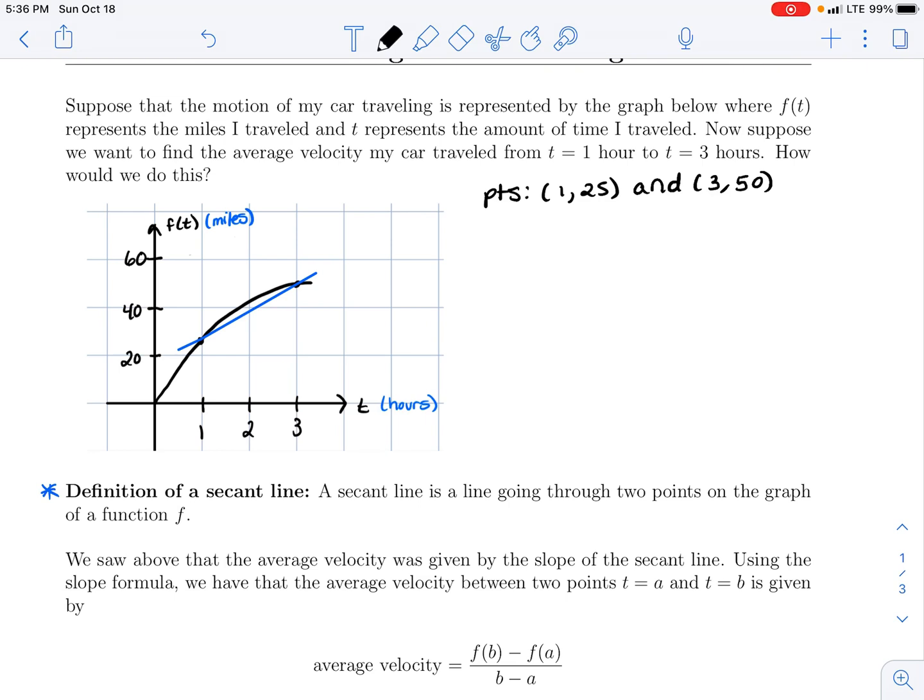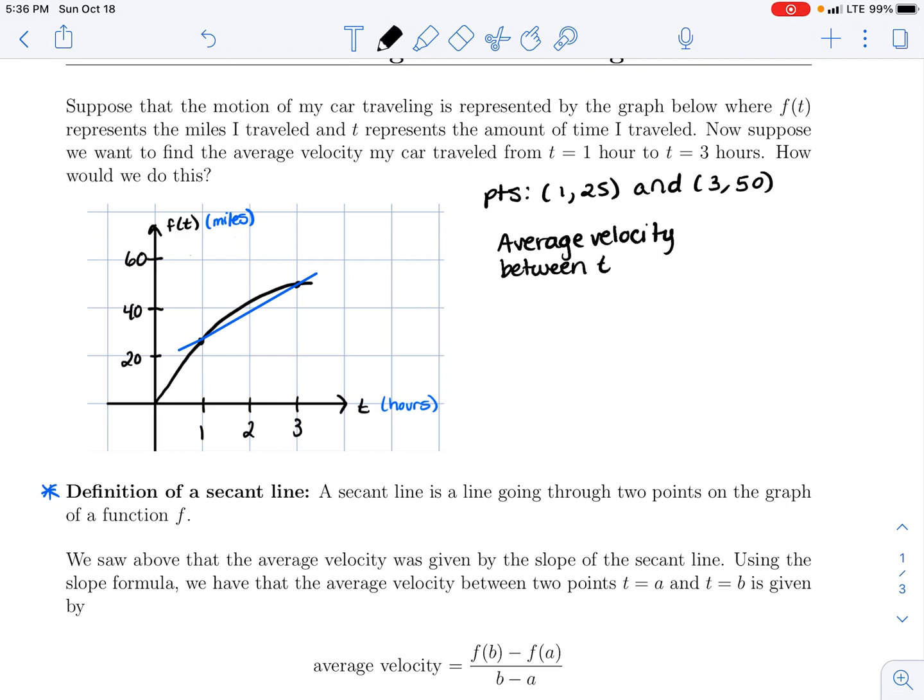So more generally now, using function notation, I'm going to say, okay, the average velocity between t equals 1 and t equals 3 is equal to f of 3 minus f of 1 over 3 minus 1.